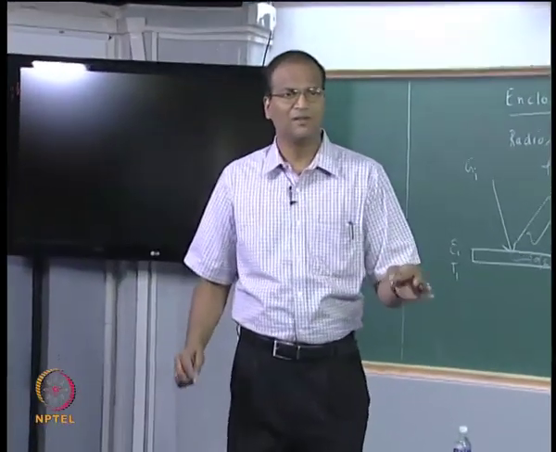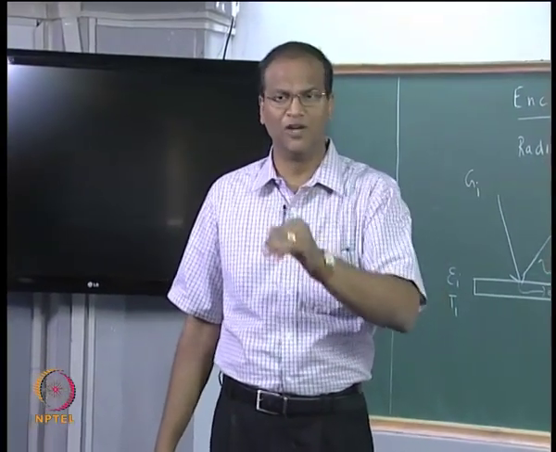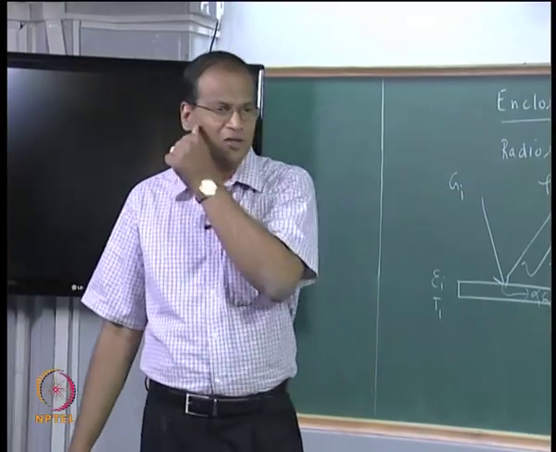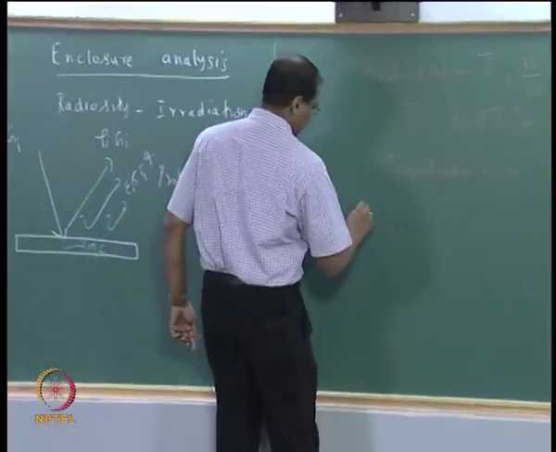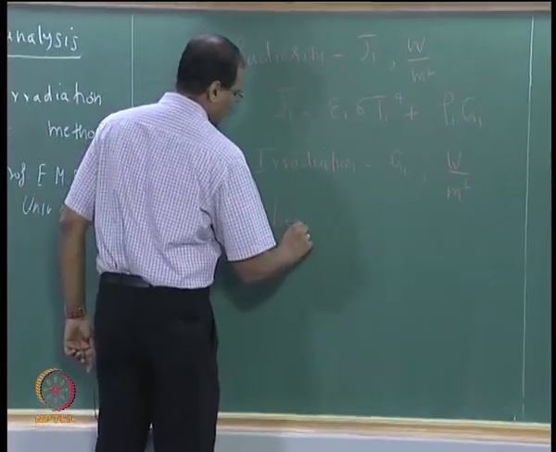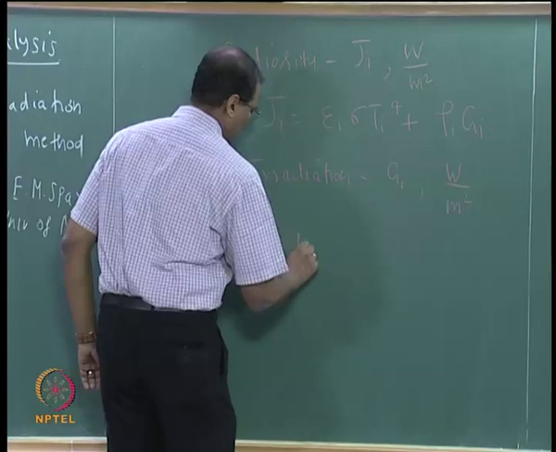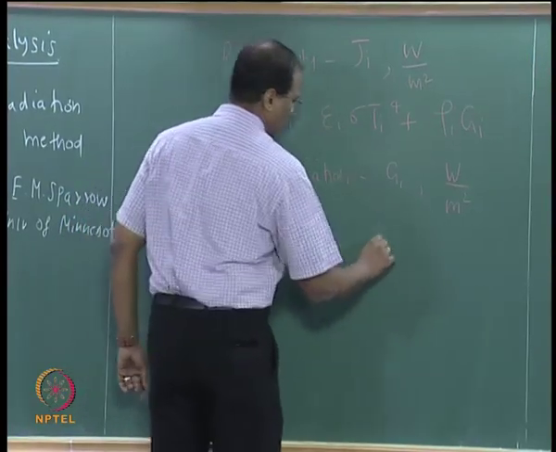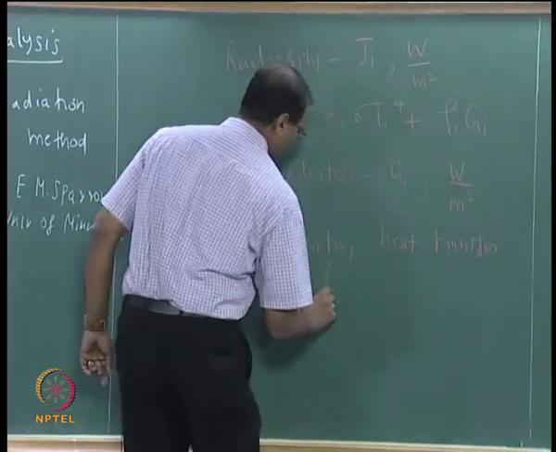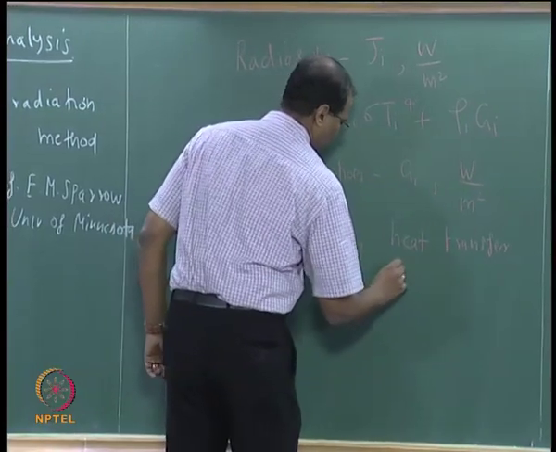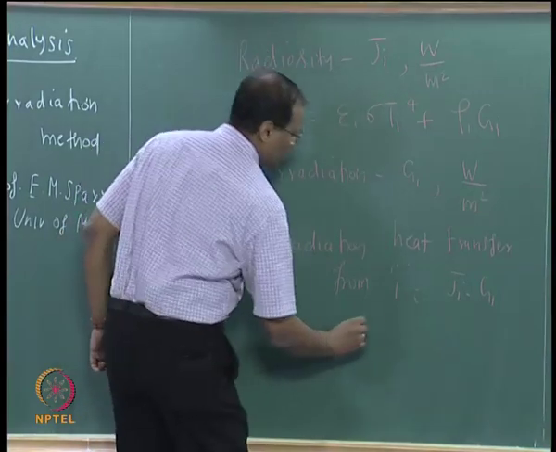For a single surface, this subscript is meaningless. But if there are 3 or 4 surfaces, Gi refers to i being 1, 2, 3, 4. It can be G1, G2, G3, G4. So G is also in watts per meter square. Now the net radiation, call it Qi.